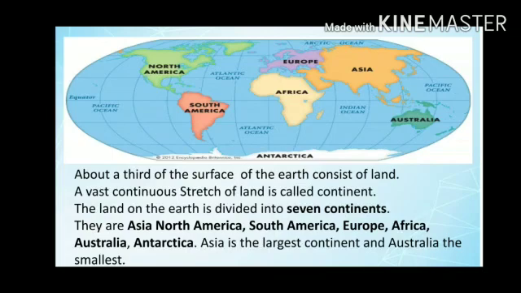If the land is together, that part, in order to study well, we call it a continent. And each of these continents has been given a name. So the Earth is divided into 7 such parts, called 7 continents.